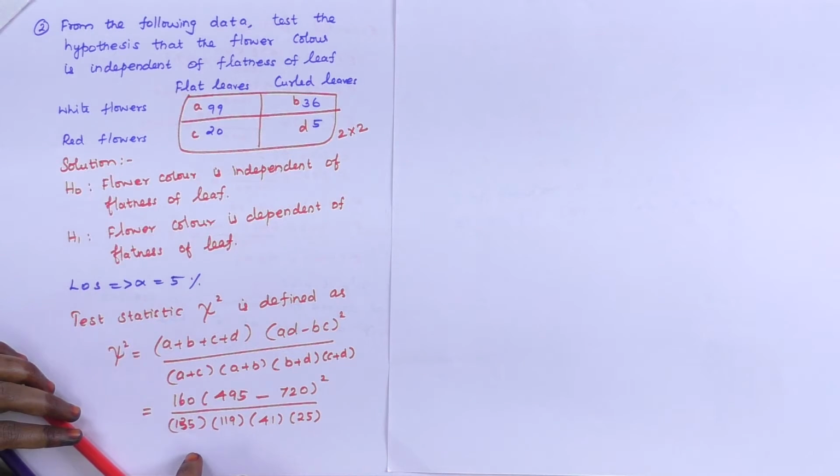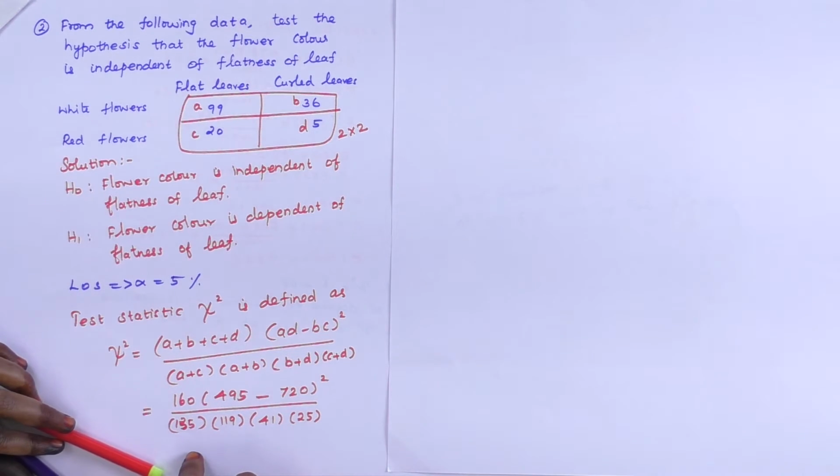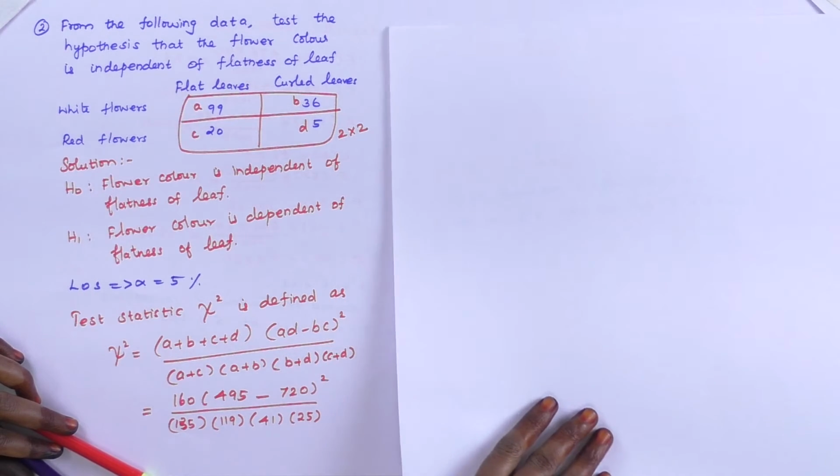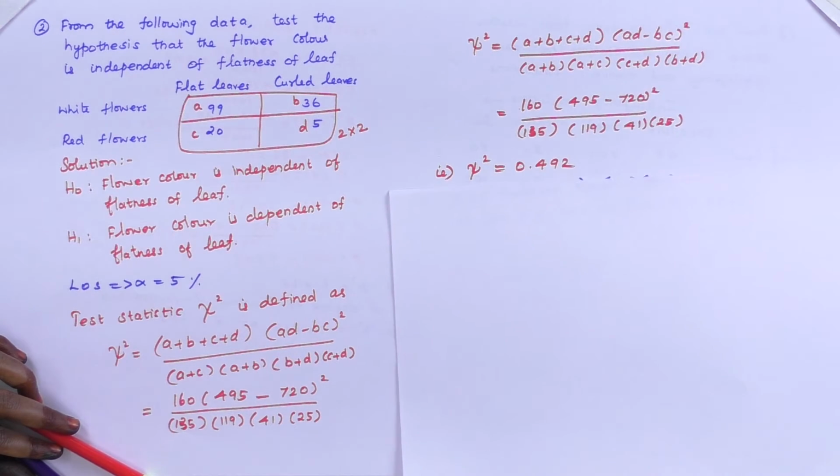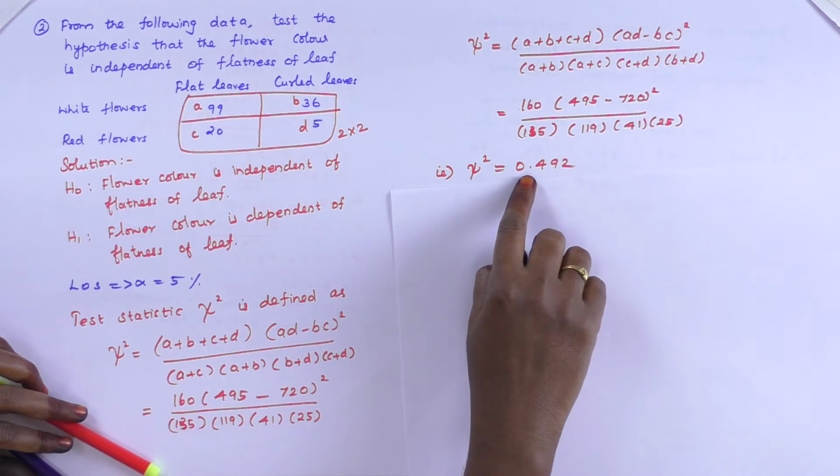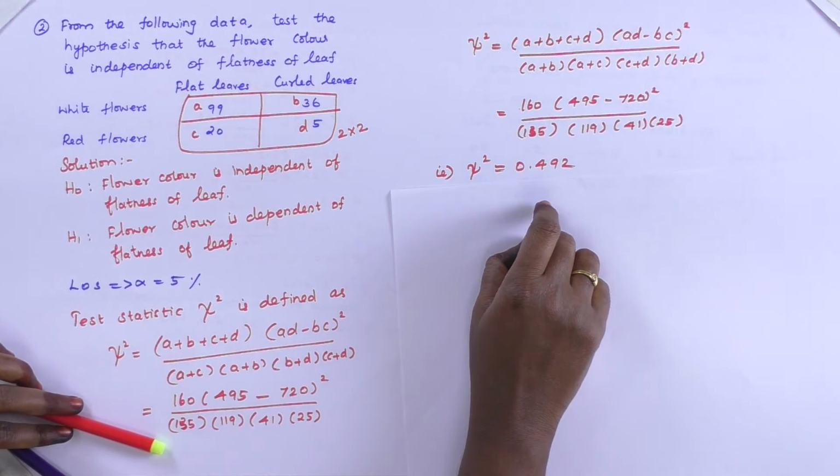Now simplifying this, we get chi-square equal to 0.498.